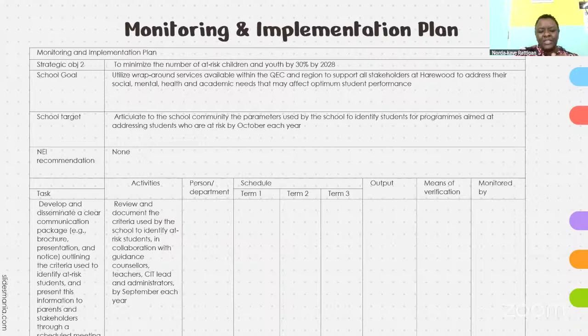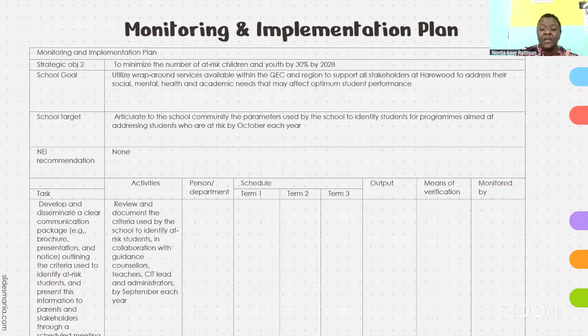I pulled from a strategic objective which speaks to minimizing the number of at-risk children and youth by 30% by 2028. One of the school goals was to utilize the wraparound services available within the QEC and region to support all stakeholders, to address their social, mental health, and academic needs that may affect their optimum student performance.